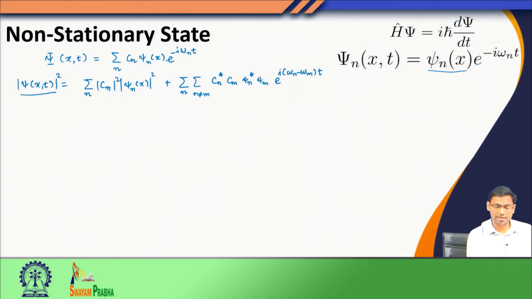In this case, the probability density actually has explicit dependence on time, and to obtain this explicit dependence, we must look at these terms carefully.